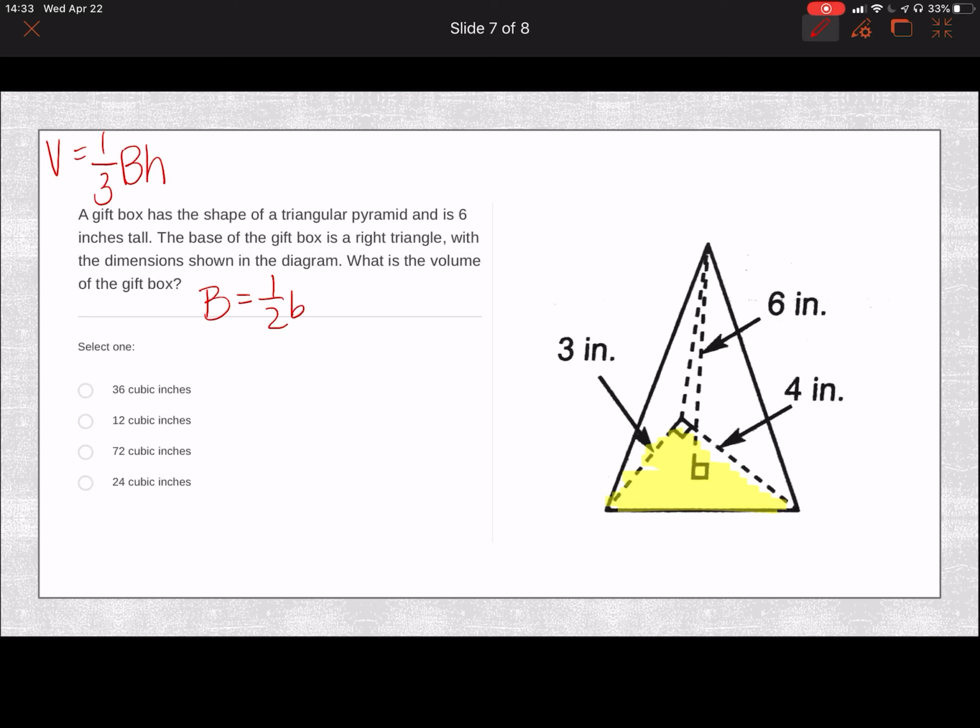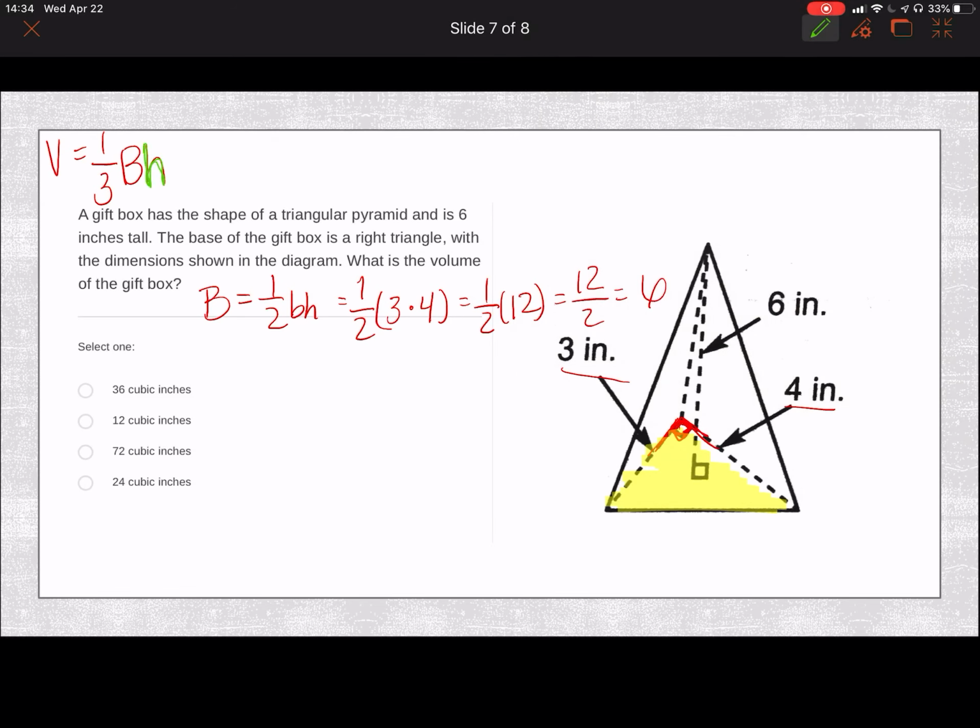So 1/2 base times height. Remember, this guy here on the base touches your base and your height, so 3 and 4. 3 times 4 is 12. So our area of the base is 6.